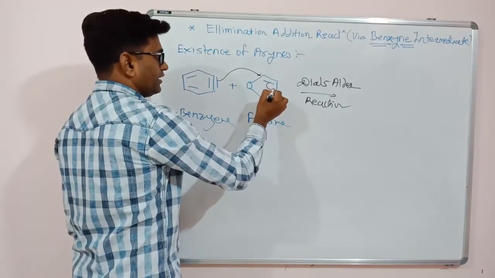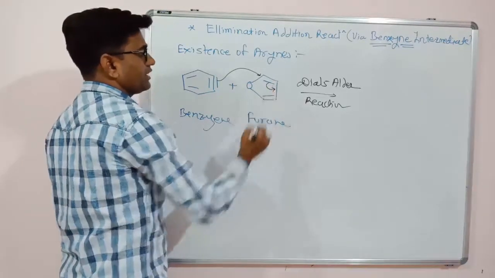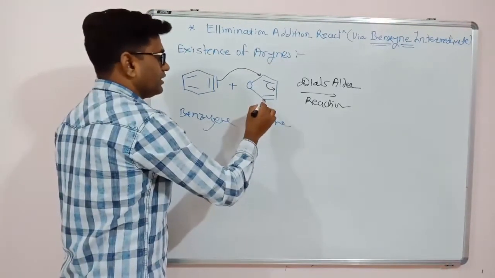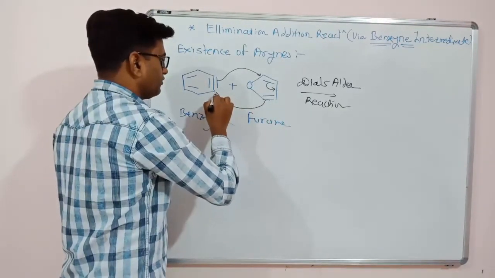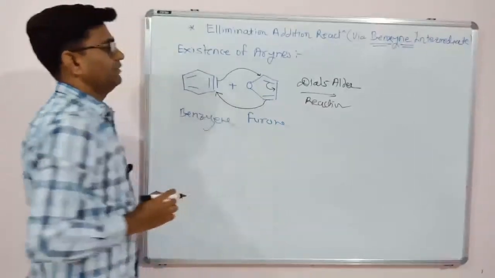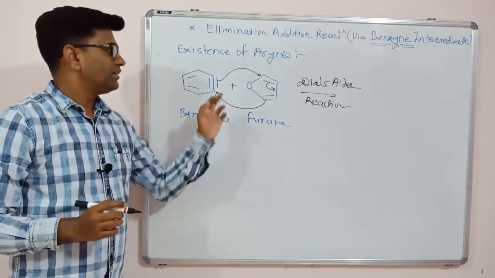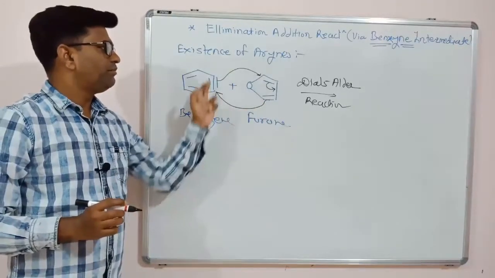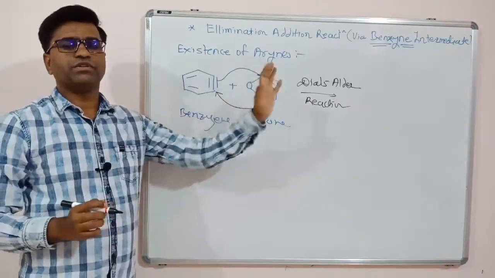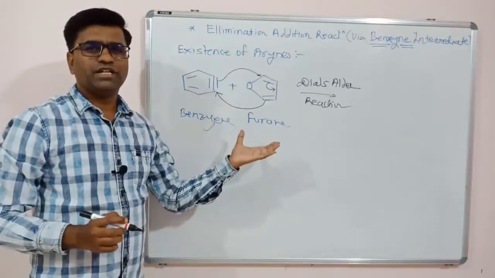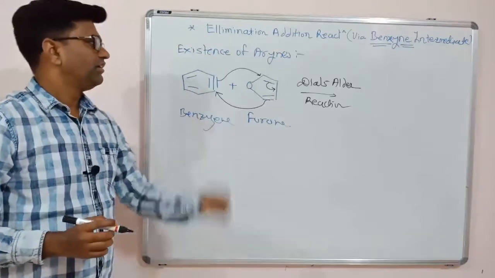This pi bond will break and goes over here, so this single bond forms a double bond. So this double bond will break, and this pi electron forms a sigma bond with this carbon. So these are electrocyclic reactions, just a migration of electrons from one place to another. This type of reaction is called a pericyclic reaction.